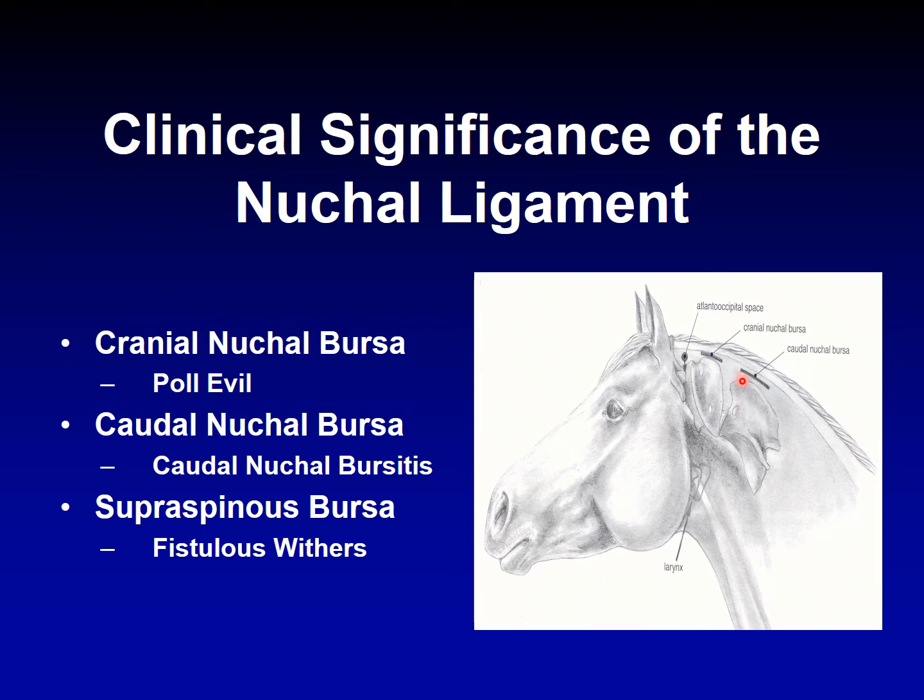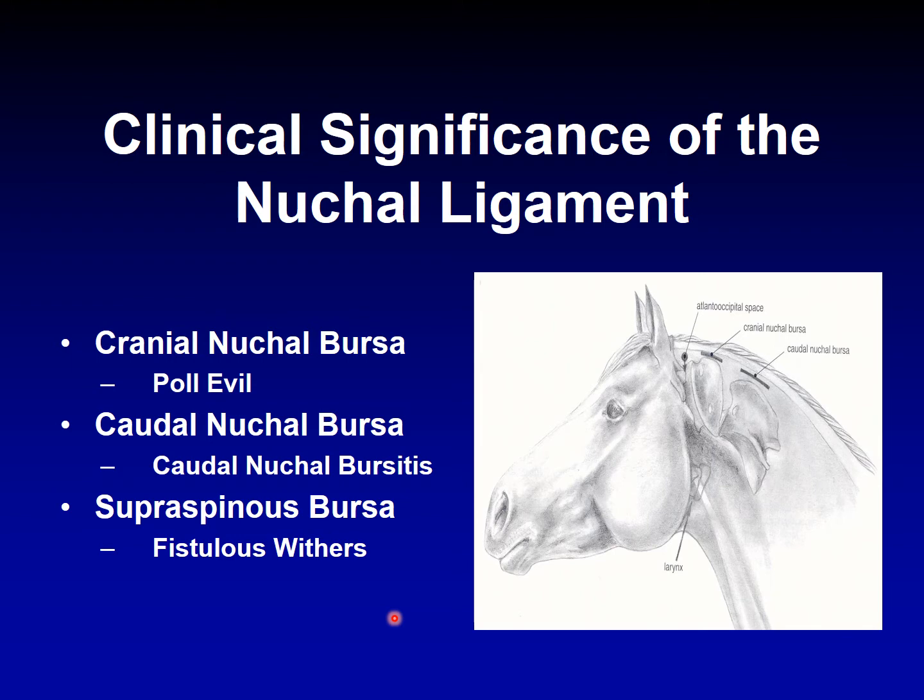Caudal nuchal bursitis. And the third disease that affects the supraspinous bursa, which is the space between the ventral aspect of the funiculus nuchae and the spinous processes of T2 and T3, is called fistulous withers.